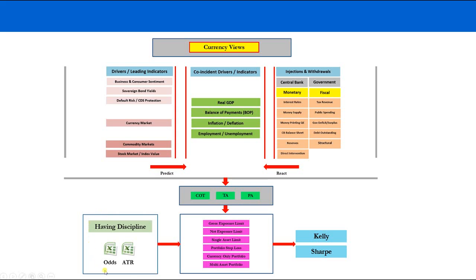And then we apply our ATR and we apply our risk management parameters to the overall portfolio when we actually have real positions.